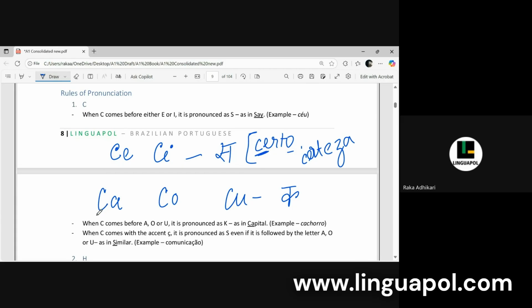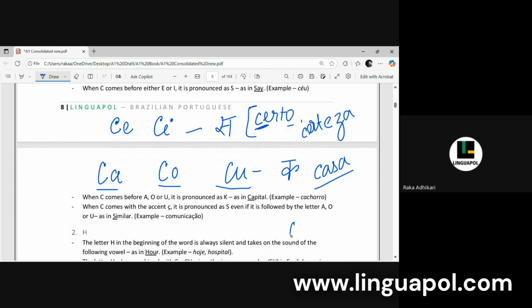Whereas the combination of CA, CO, and CU will give the sound of K. For example, a very common word, casa. Anybody knows this word from before? Yeah, house. Casa means house. Similarly, let's take the word comida.